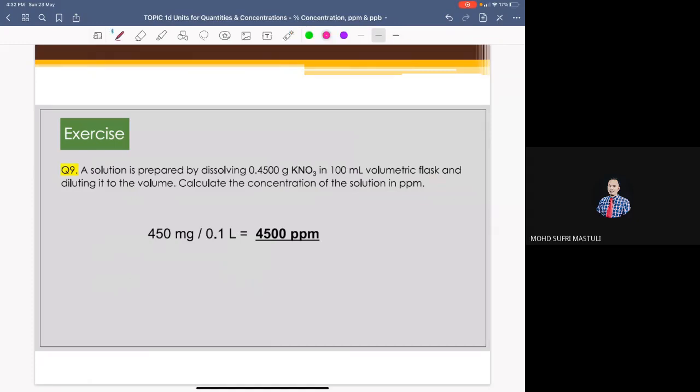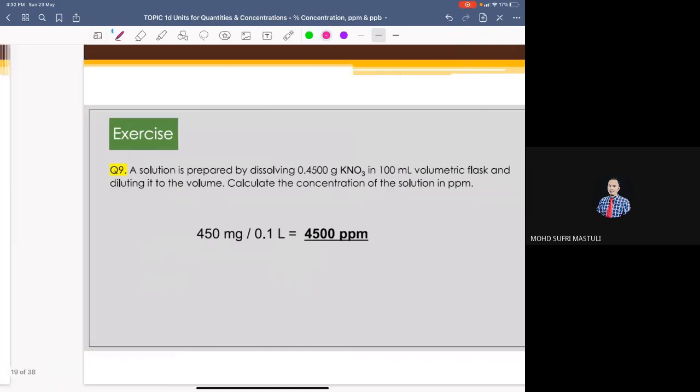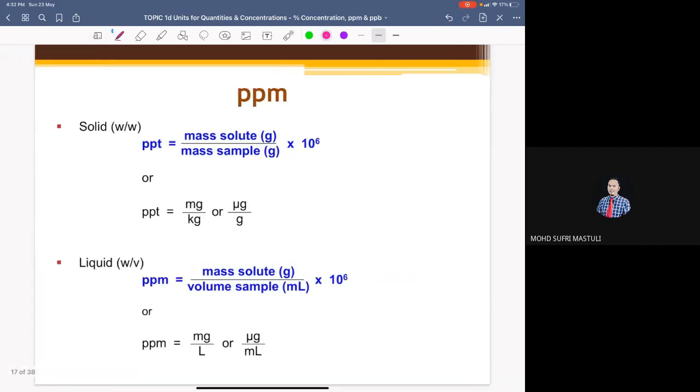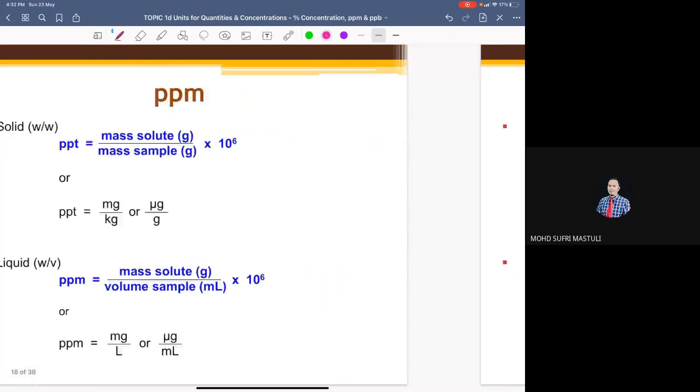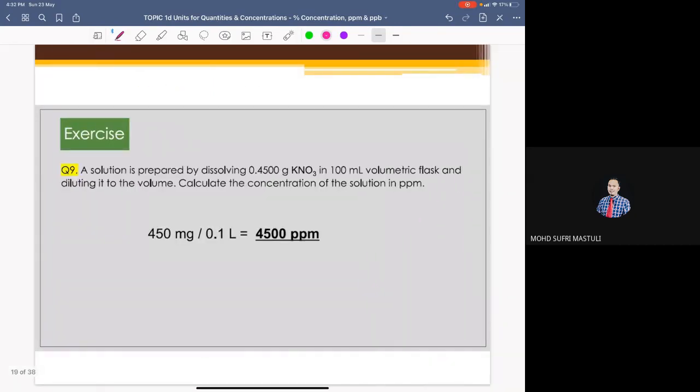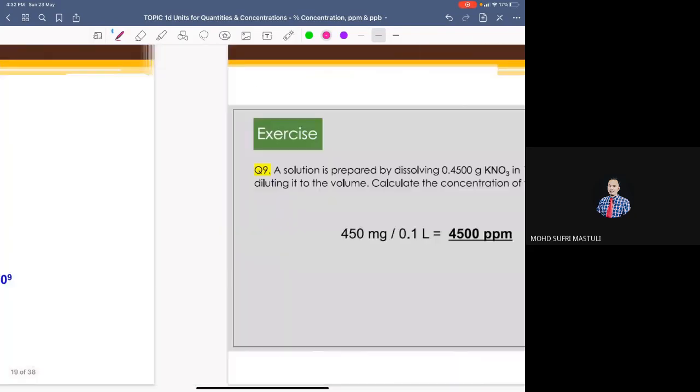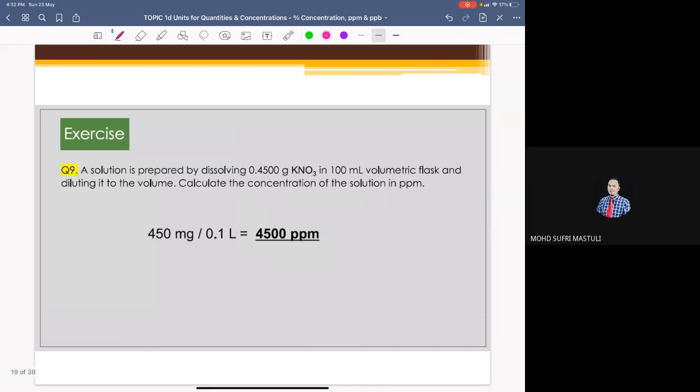Because this one is concentration, this one is ppm, liquid, milligram per volume.